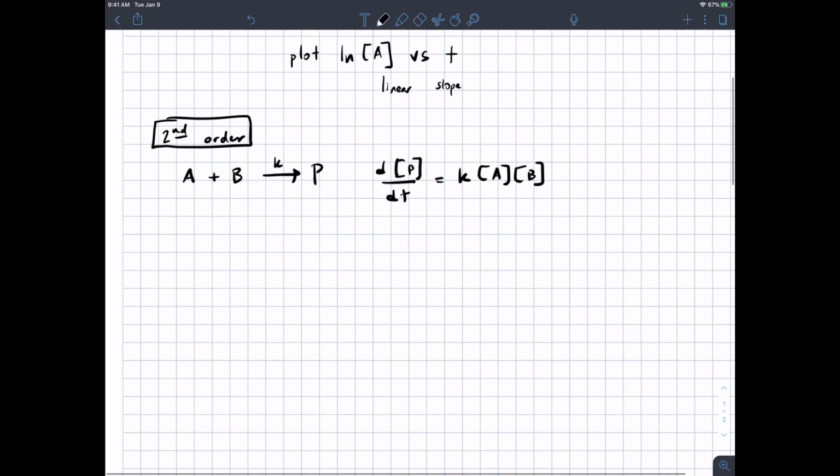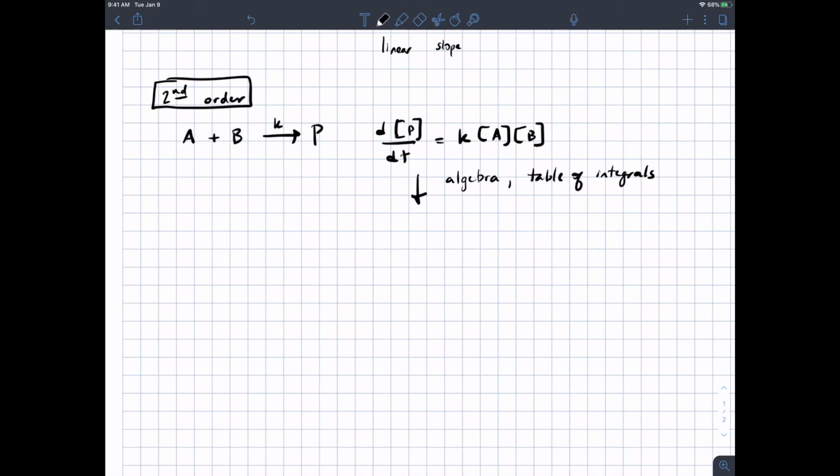And you can develop an integrated rate law for this equation, but it involves algebra and a table of integrals. And the calculus is beyond my current abilities, nor do I really care or expect you to be able to do it.